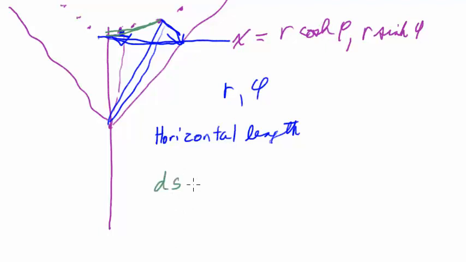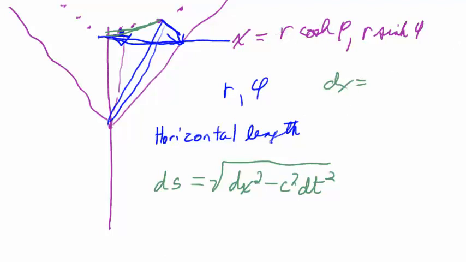which is going to be the path integral of the square root of dx squared minus c squared dt squared, where dx is r cosh phi, so dx is r sinh phi, and dy, well, dy will be r cosh phi.